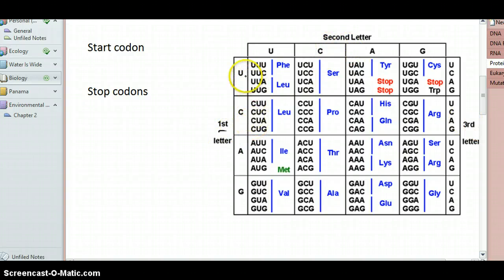So we look on the side here, okay, we have AUG. Our first nucleotide is A, our second is U, and our third, notice now, this gets us into this box right here. Now we look over here for our third nucleotide, G, and AUG corresponds with methionine.